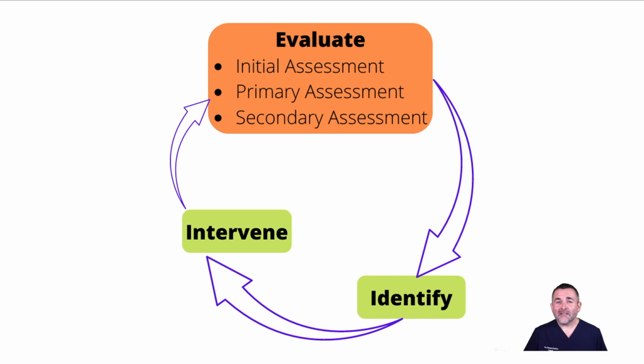Once you have performed the interventions, you will repeat the process by re-evaluating the patient and identifying if the problem has resolved or worsened. Then you will apply additional interventions as appropriate. Throughout our PALS systematic approach, we will follow the evaluate, identify, and intervene sequence as we care for the sick or injured child.